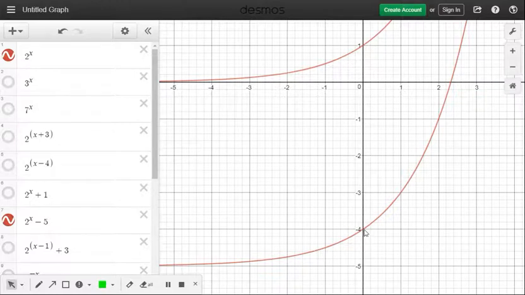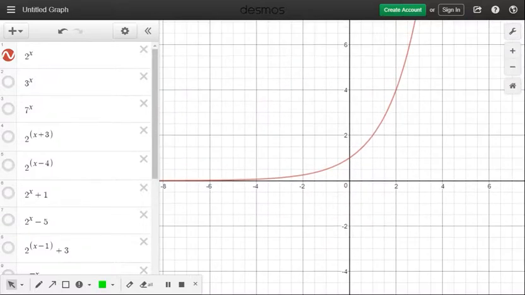And if we compare the y-intercepts, 1, 2, 3, 4, 5 units. So there is a correlation. If it's minus 5, meaning there's a minus after the exponential function to the power of x, it's going to shift down. So here in this example, minus 5 means 5 units down.